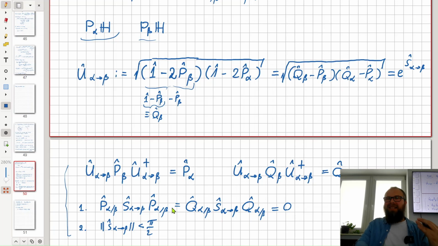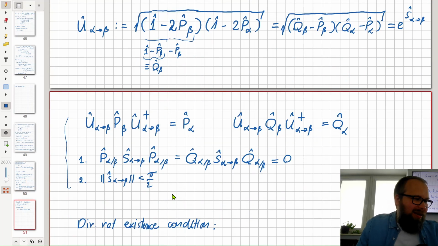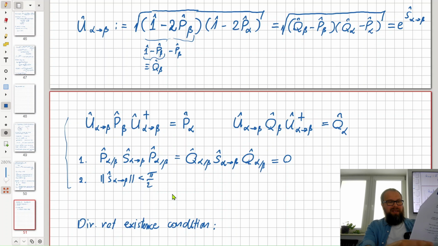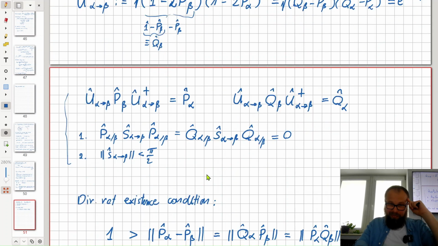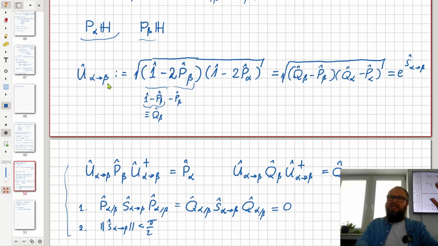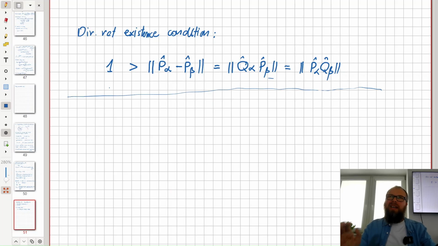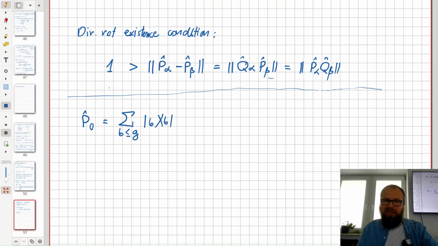But for us, the best thing about it is that what we want to do, our Schrieffer-Wolff transformation, would be, okay, with this knowledge about direct rotations and subspaces, we have a projection operator, let's call it P0, which would be a projection onto the eigenstates of the unperturbed Hamiltonian, if you remember.